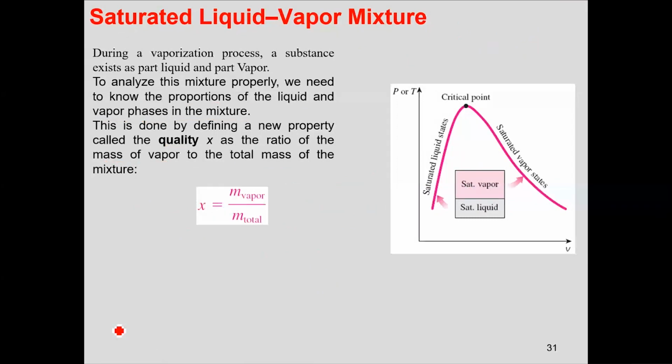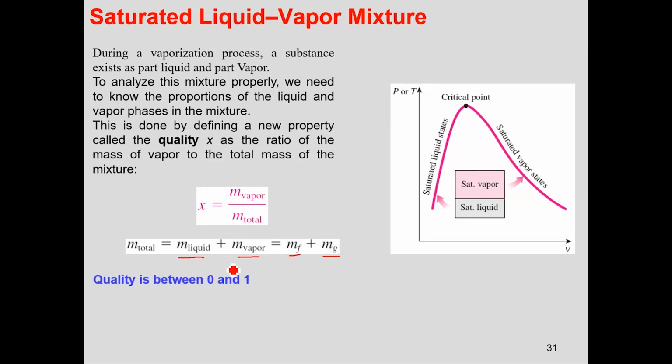Again, mass of vapor divided by the total mass, and this could be expressed as mass of liquid plus mass of vapor, where mf represents saturated liquid and mg represents saturated vapor. Now quality is between 0 and 1: 0 for saturated liquid and 1 for saturated vapor.